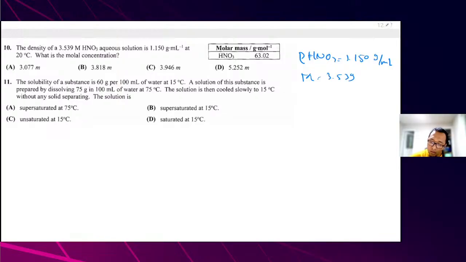Okay, and then the temperature is 20 degrees Celsius, but I think there is no correlation in this case. Let me see, what is the molal concentration?